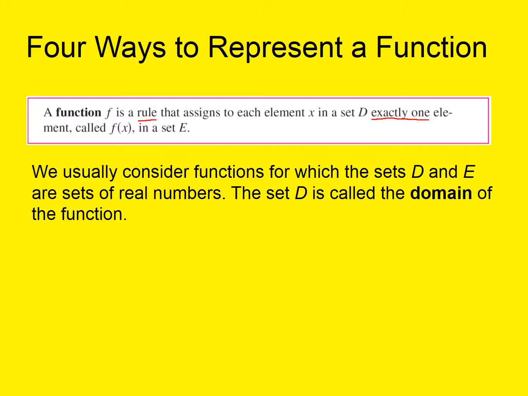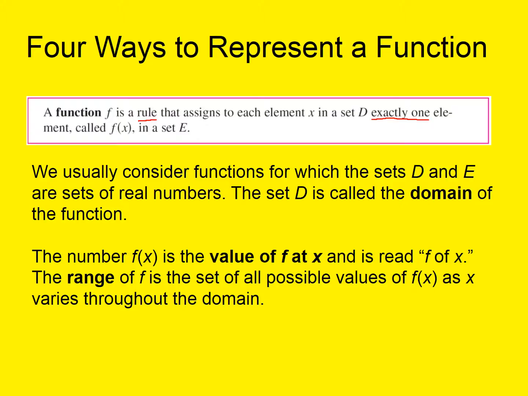We usually consider functions for which the sets D and E are sets of real numbers. The set D is called the domain of the function. Set of x values. The number f of x is the value of f at x. So f is the value when x is the input and is read f of x.